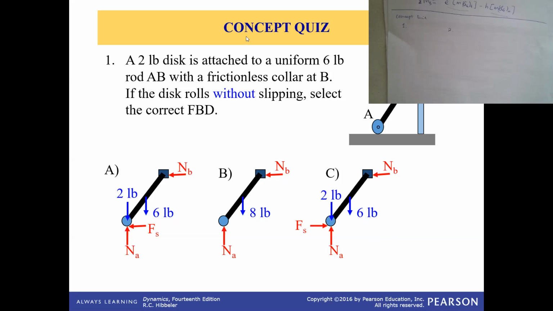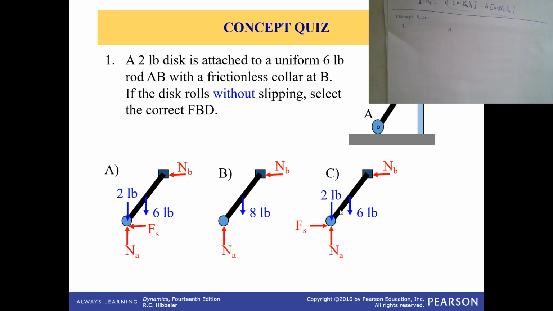As the disk is rolling to the left, one force to take is the friction force, which gives us an easier picture. The friction force should be to the right. Because it's rolling without slipping, that means static friction, so it's to the right. So it should be C.